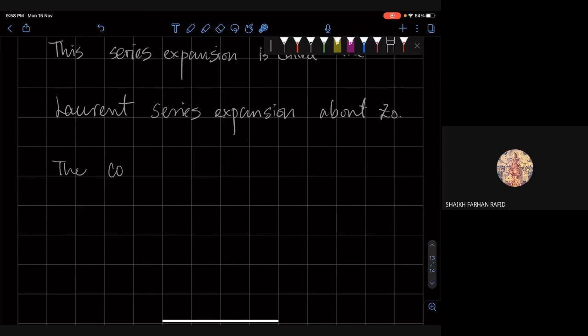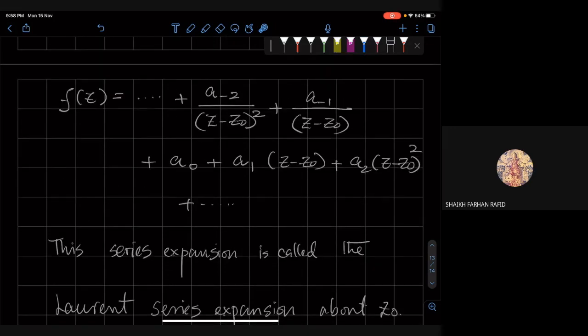So the Laurent expansion is essentially kind of a Taylor series expansion, but around singular points. It's not a Taylor series, of course, because a Taylor series is not singular. The Taylor series never has negative powers of the expansion parameter, right?